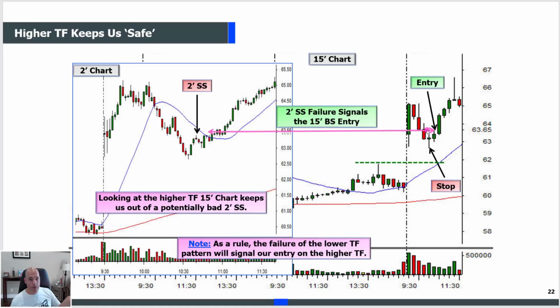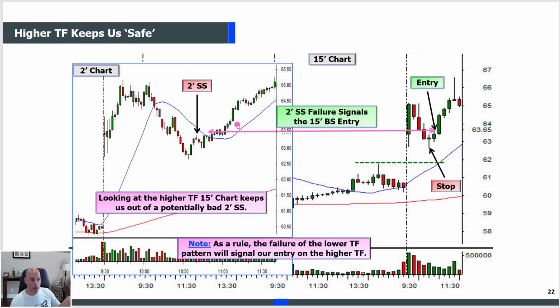So the trader who's on the 15-minute chart, who's using multiple time frames, is saying to themselves, and I quote, the nanosecond that this 2-minute sell setup fails, I'm going to buy this stock on the 15 and put my stop loss under here. If this sell setup keeps going lower, then no harm, no foul, because I'm not in it. But the second that this stock trades above that pivot on the 2-minute, I'm going long.